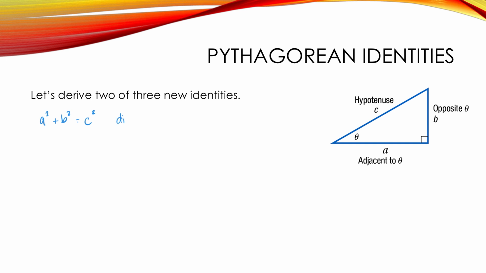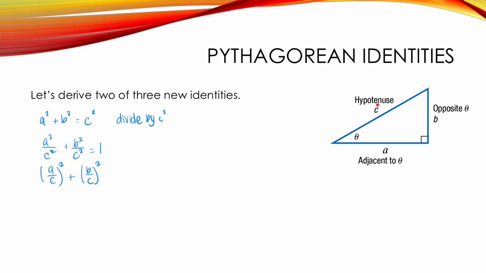Okay, so now I want to divide by C squared. When I do that, I end up with A squared over C squared plus B squared over C squared equals 1. Our properties of exponents tell us this is A over C, quantity squared, plus B over C, quantity squared. Let's take a look at our theta right here.